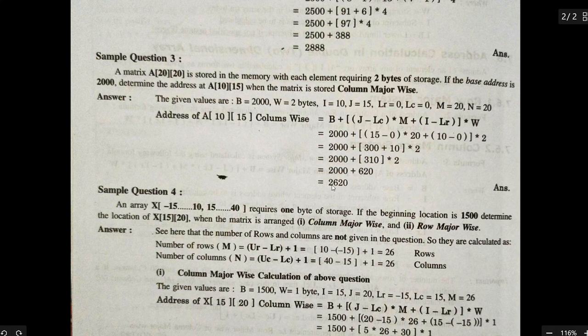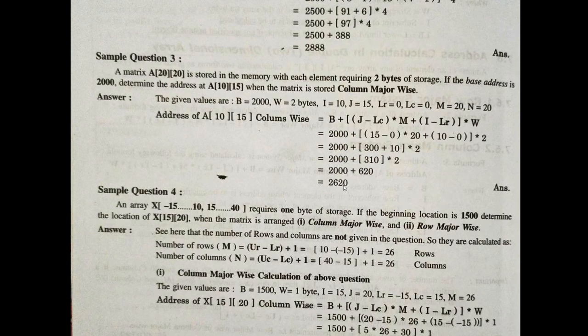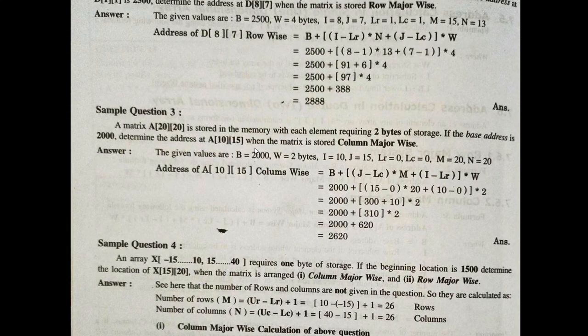Perform the calculation and then you will get the result. In this way you can calculate the memory address of a 2D array using two systems, column measure wise and row measure wise. This is a very important part because this is a very easy question. Directly put the values in the formula and you get the result. You have to perform the calculation.